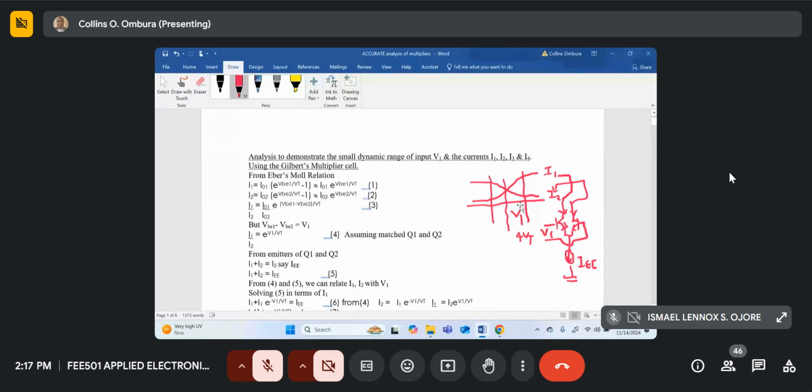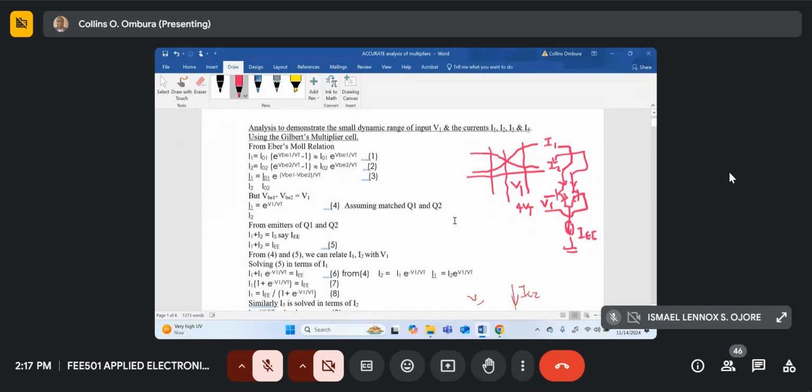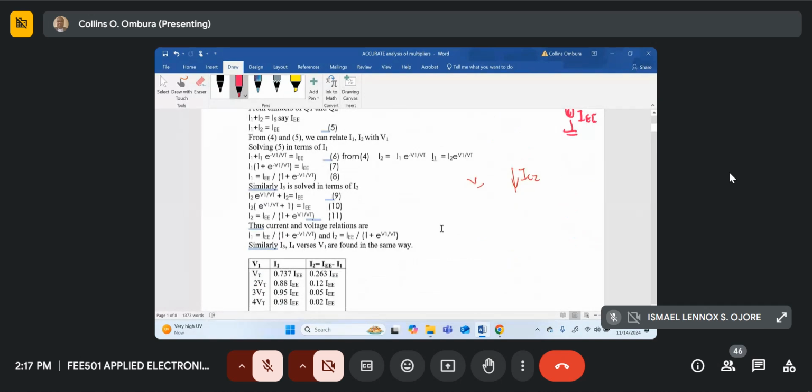So for example, when V1 is equal to 0, if we substitute in this equation over here, I1 will be IEE divided by 1 plus e to the 0, which is 1.